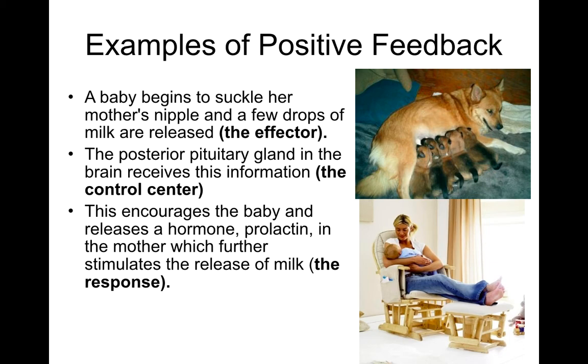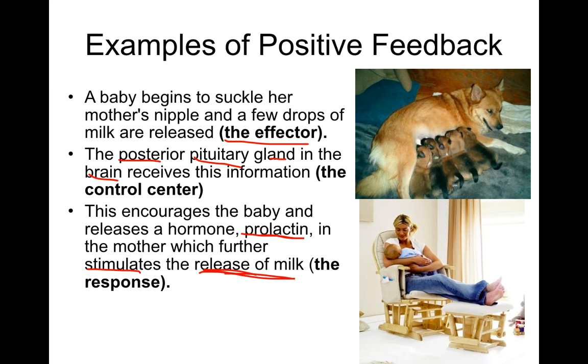One of the ways is like if you just had a baby. They always say to try to nurse the baby right away. The baby begins to suckle at the mother, and then a few drops of milk are released. That's the effector. Then we have the posterior pituitary gland in the brain. It receives the information, that's the control center, and it releases a hormone called prolactin in the mother, which further stimulates the response and allows you to release the milk.